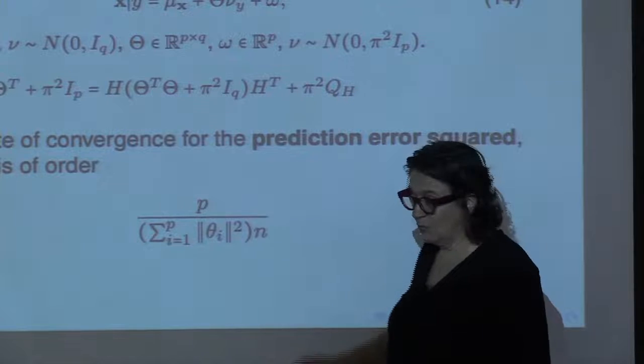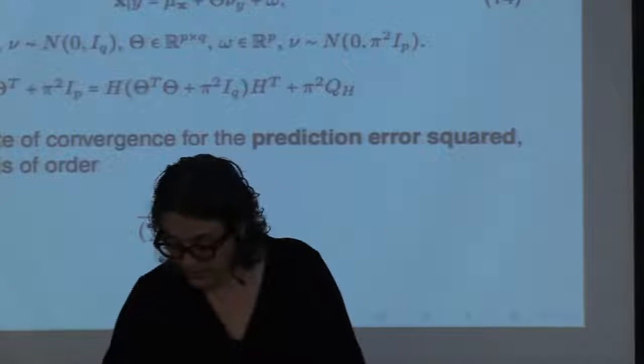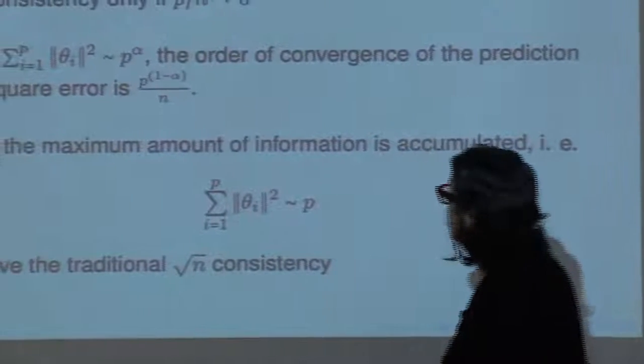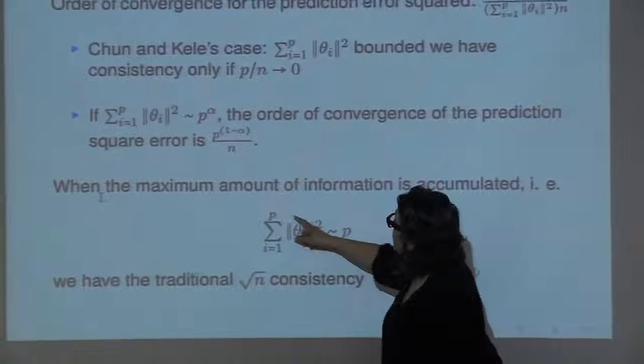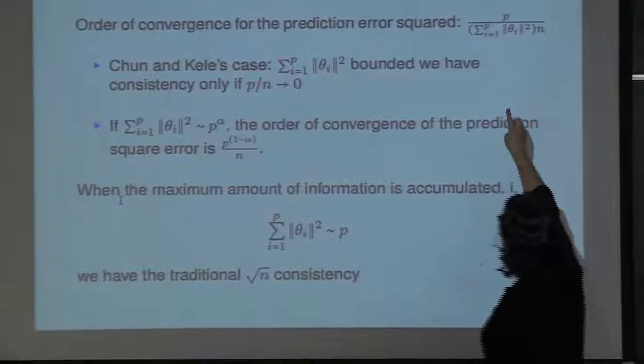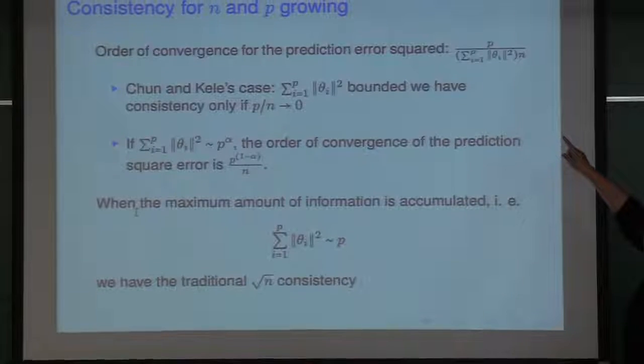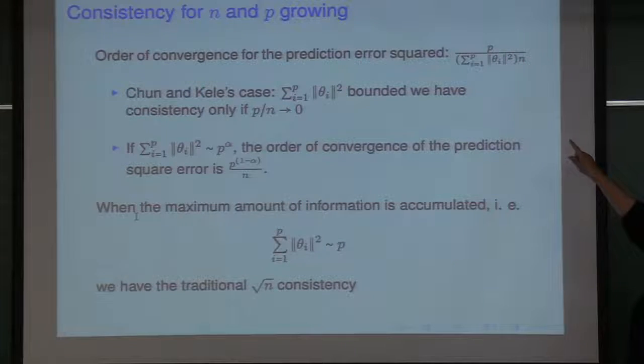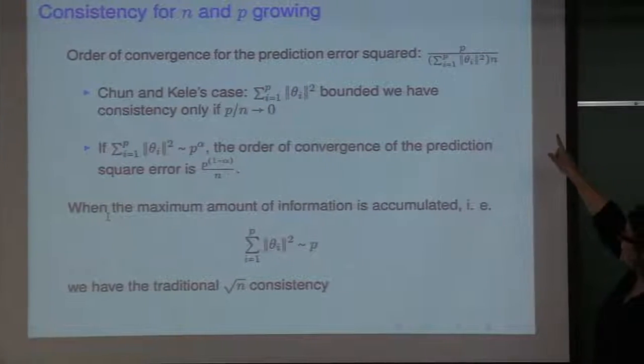And then look at what we get. If this is bounded, as they ask, we get exactly that the consistency is going to be true if P over N goes to 0.